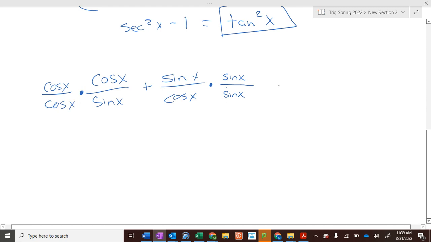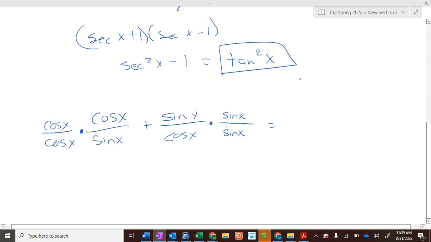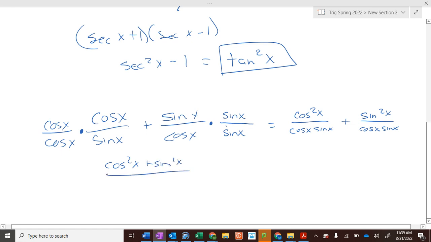So our common denominator is going to be cosine sine. So what's cosine times cosine? Cosine squared of x over cosine sine. Our second fraction is sine squared of x over cosine sine. So I have cosine squared of x plus sine squared of x over cosine of x sine of x, right? What's cosine squared plus sine squared? 1.